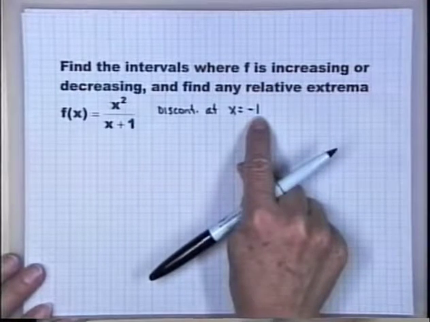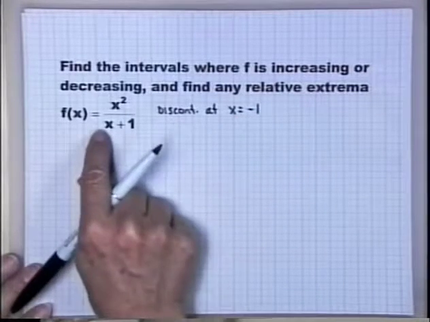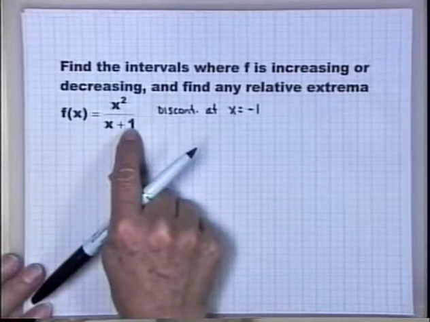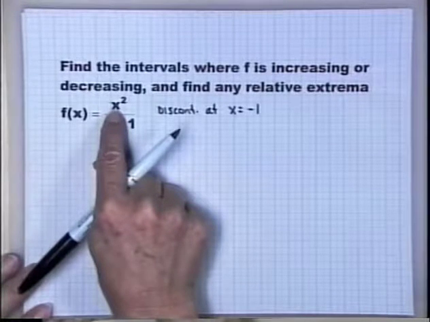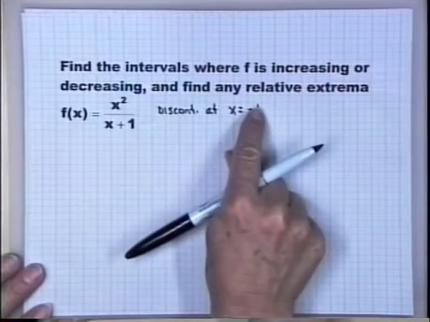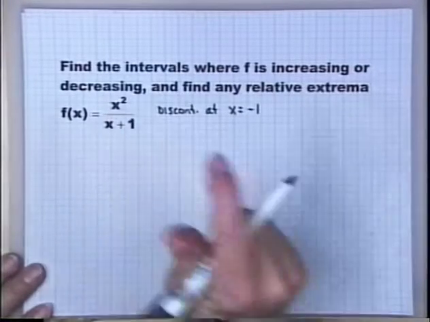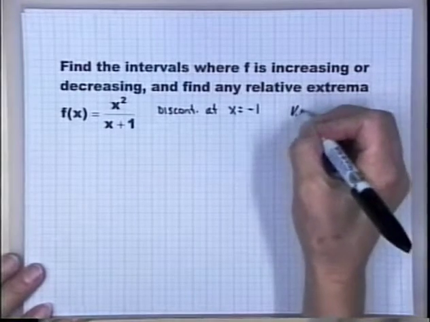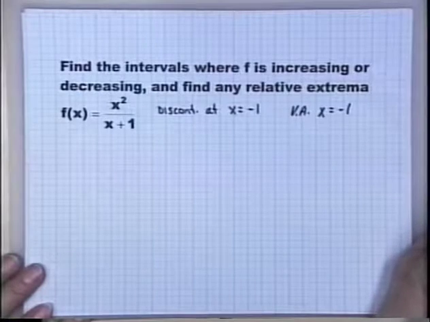We have a discontinuity there. Recall that if a value of x makes the denominator 0, but it does not make the numerator 0, then it's a vertical asymptote. Negative 1 makes the denominator 0, but it does not make the numerator 0. So I know that I have a vertical asymptote at x equals negative 1.